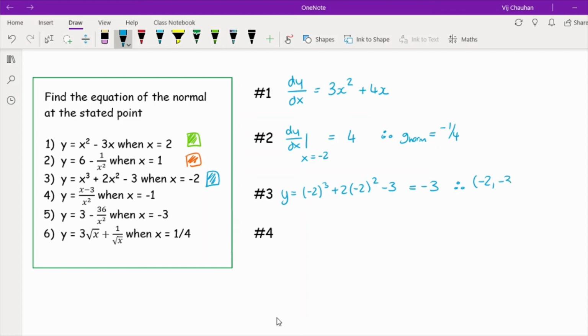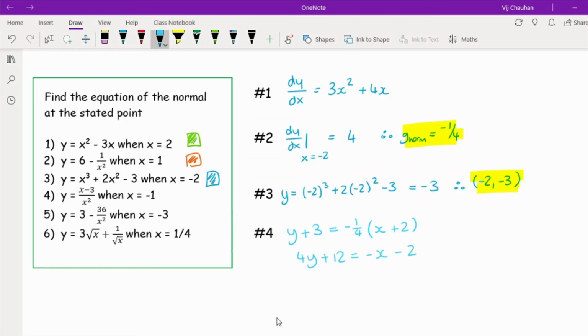Which then gives me a coordinate of (-2, -3). So again, I'm going to substitute step 2 as my m and step 3 as my coordinate, and go straight into substituting that into the equation of a line. So minus minus 3 becomes plus 3. I've got minus a quarter, and I've got x minus minus 2, which becomes plus 2. Again, taking the 4 over to the other side, I get 4y plus 12 equals minus x minus 2.